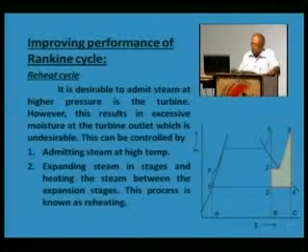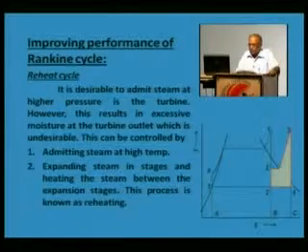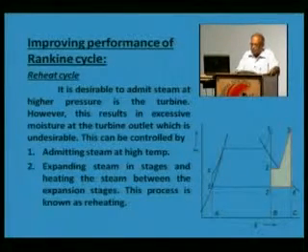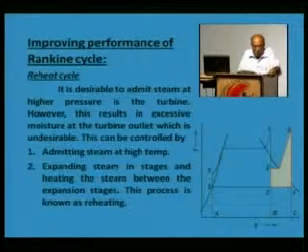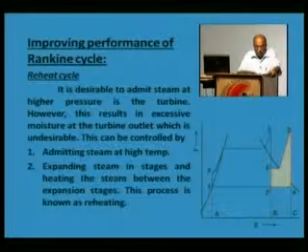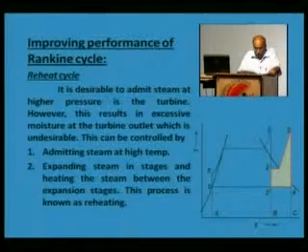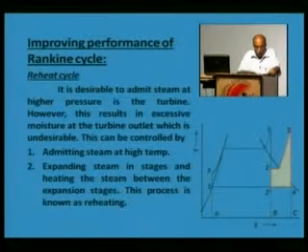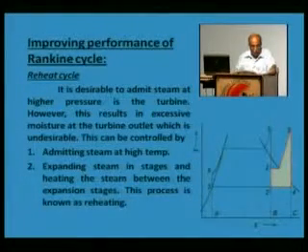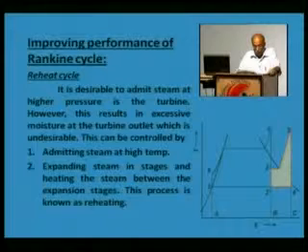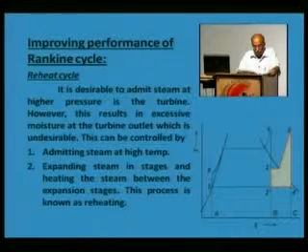Then how the performance of the Rankine cycle can be improved, and for that certain modifications have to be done. First of all, the reheat cycle can be made use of, as shown here. It is desirable to admit steam at higher pressure in the turbine.